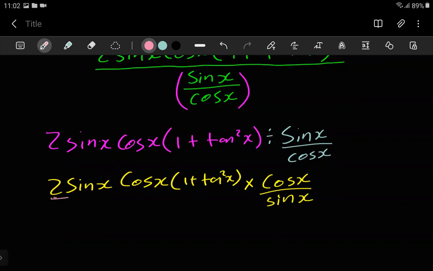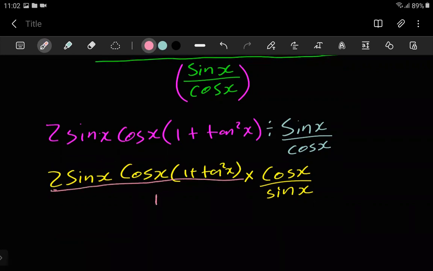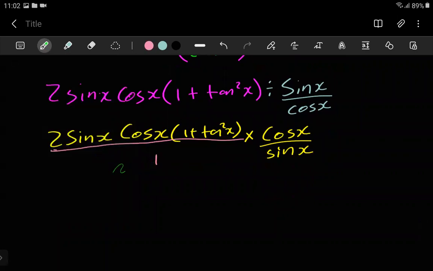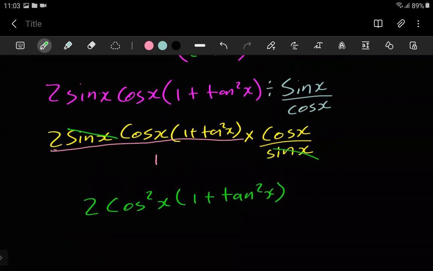Because we are multiplying with a fraction, you can make this a fraction also, so that this sine x can cancel the sine x down there. Then everything at the top, multiplied together, gives 2 cos squared x times 1 plus tan squared x.